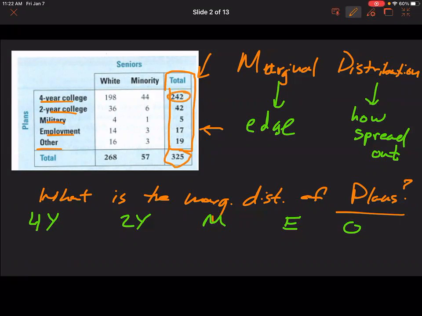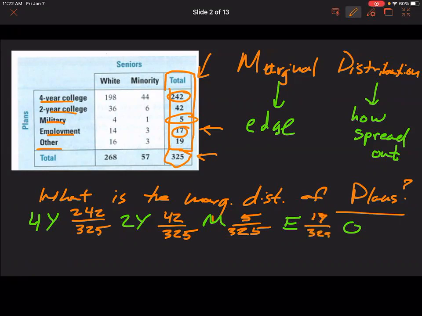Would that be 242 out of the total 325? 242 over 325. Two-year college, that'd be 42 over 325. Military, that'd be 5 over 325. Employment, that'd be 17 over 325. And then other, that'd be 19 over 325.